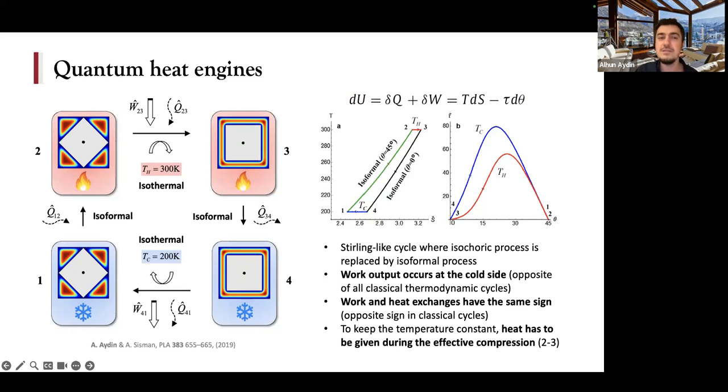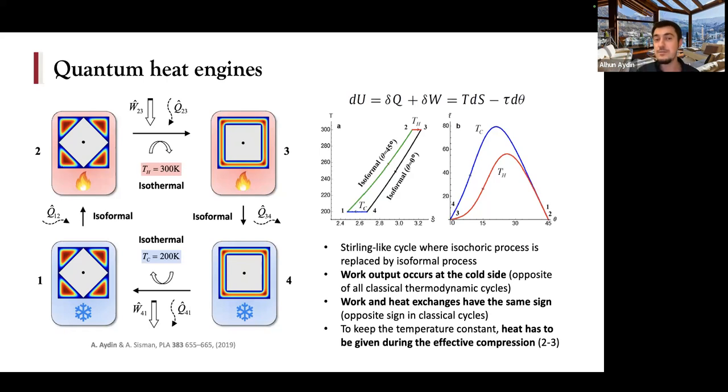Interesting thing here is from 2 to 3, while giving work, I also need to give heat to the system. So this is interesting. In the classical Stirling cycle, the work and heat exchange are opposite. When you give work, you take heat from the system, and vice versa.